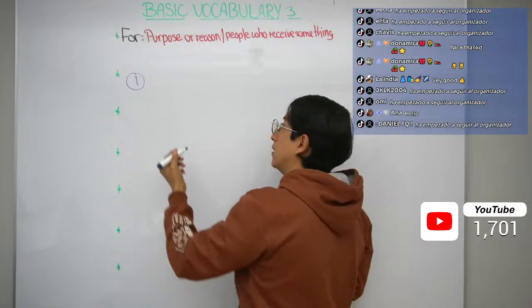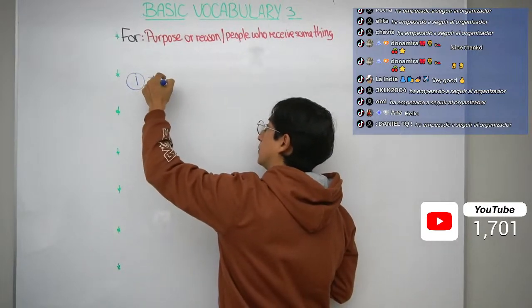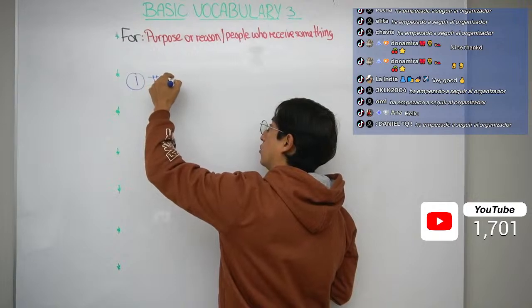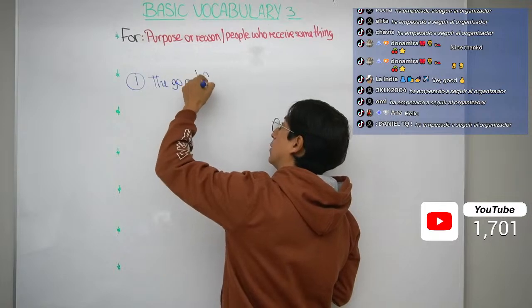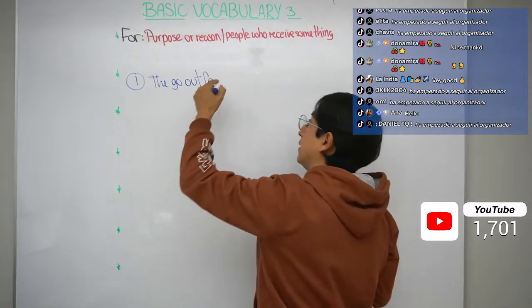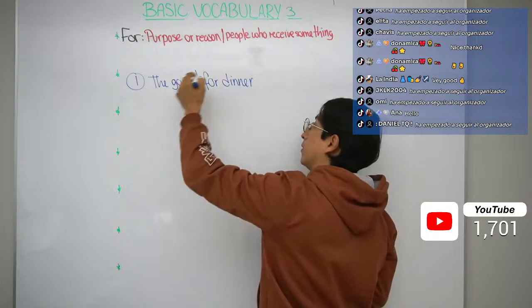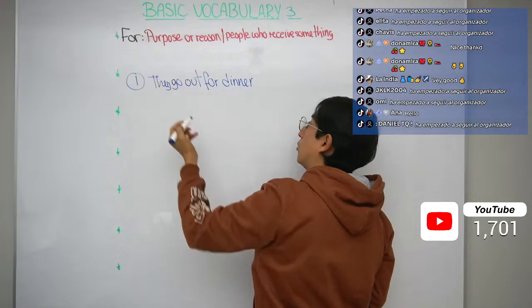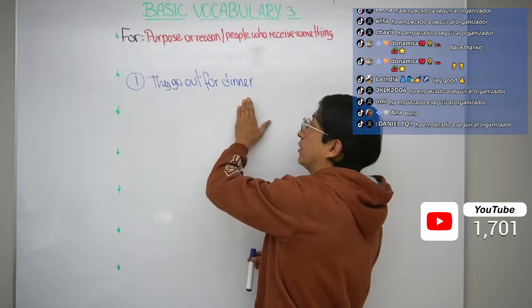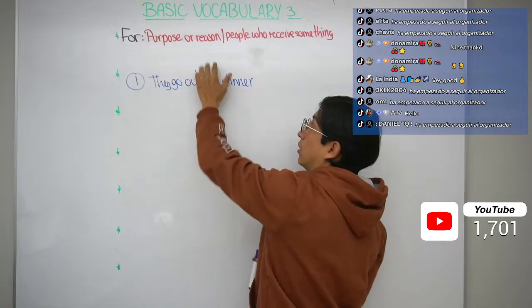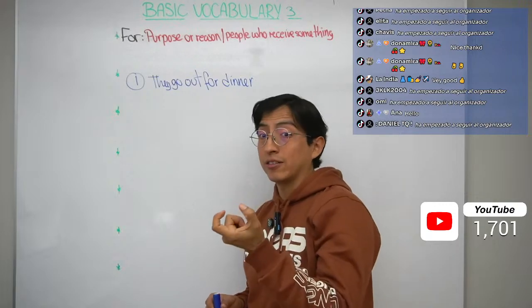For example, they go out for dinner. Look at this. We're talking about this for dinner. We're talking about purpose or reason. Let's continue.